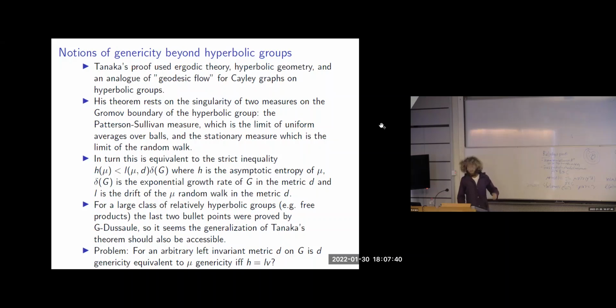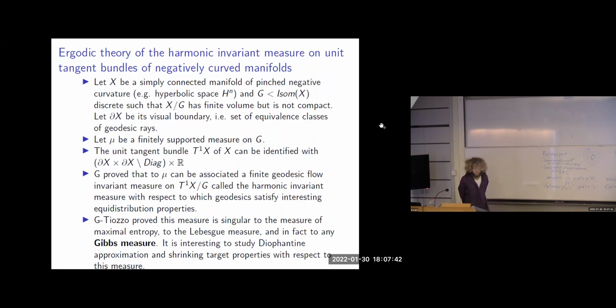Okay. So maybe there's another circle of problems I wanted to talk about. If you have a negatively curved manifold, and you have a random walk on its fundamental group, almost every trajectory of this random walk converges to some point in the boundary.